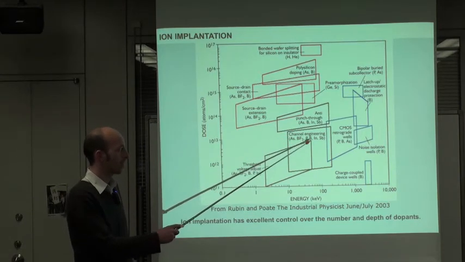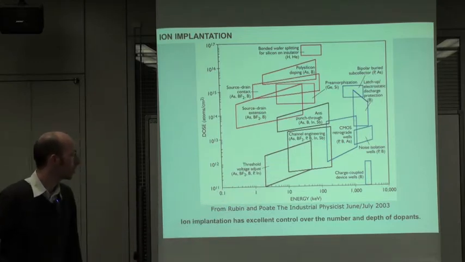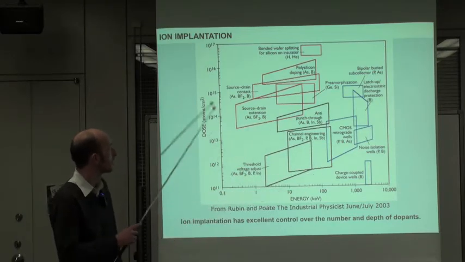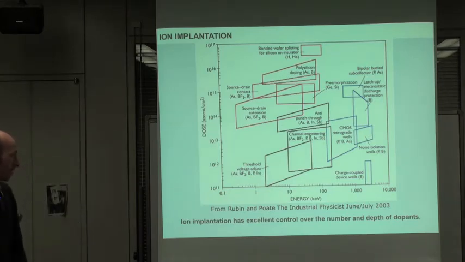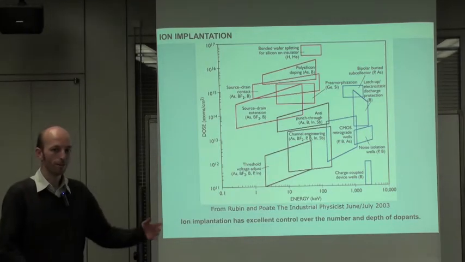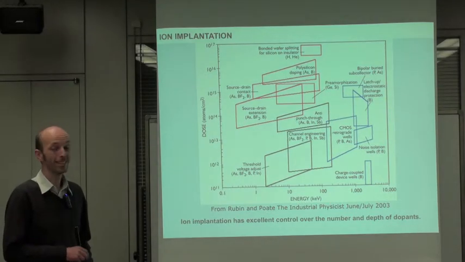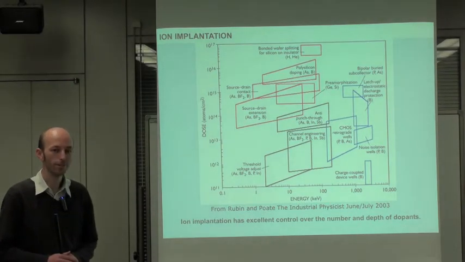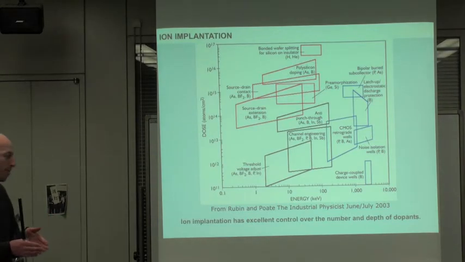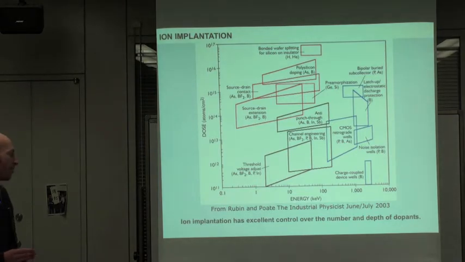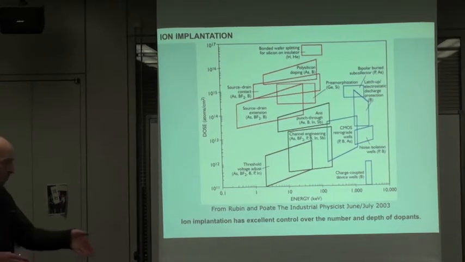You would do arsenic or phosphorus implantation into a channel at these sort of energies and these sort of fluences. Ion implantation has been used for perhaps 50 years now, so it's a really well-developed technology, and it has excellent control over placing a dopant or an implanted species where you want to.